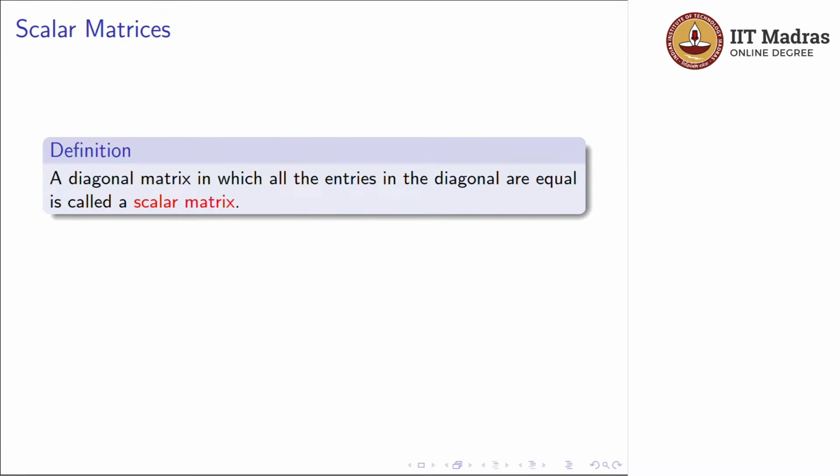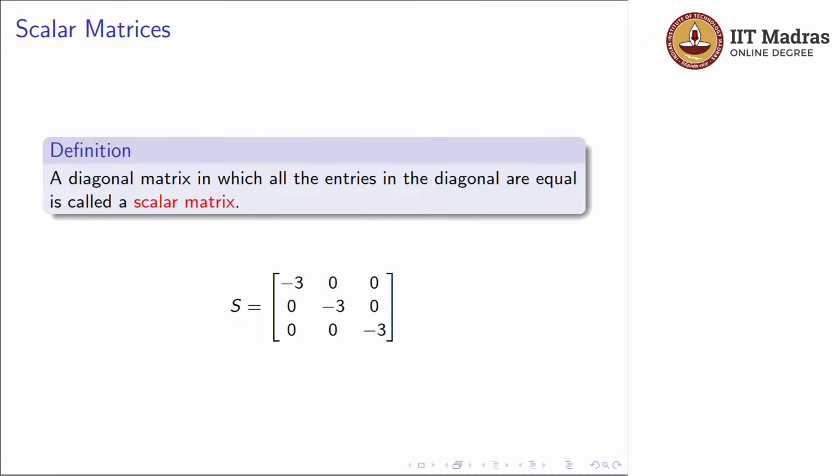Then an even more special case of this is what is called a scalar matrix. A diagonal matrix in which all the entries in the diagonal have the same value, the same number, is called a scalar matrix. Here's an example. Here you can see that every entry is -3. The first entry is -3, the second one is -3, and the third entry is -3.